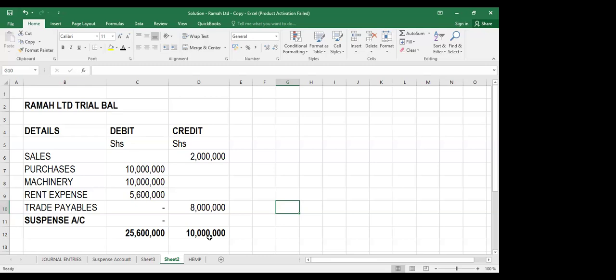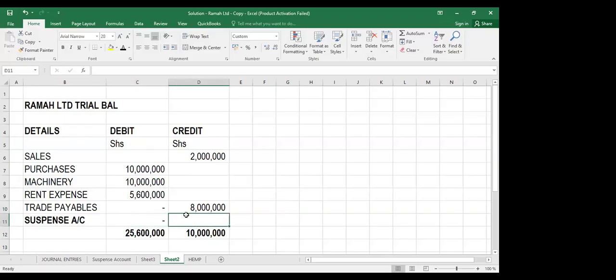It means there are errors. Within these transactions, there are some errors in these balances as you are entering your ledgers. As you're preparing your ledger accounts, you made some mistakes. So since you're at the final point of creating your trial balance, the accounting standard allows you to create what we call a suspense account.